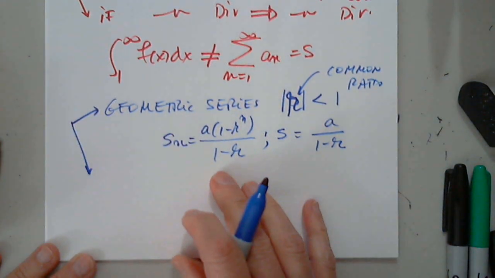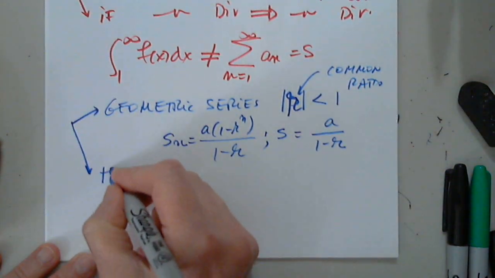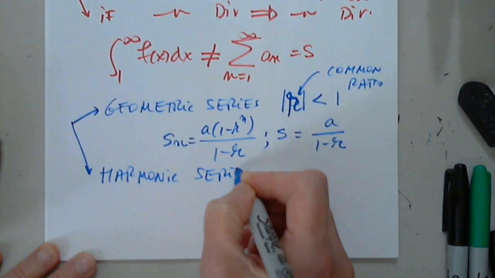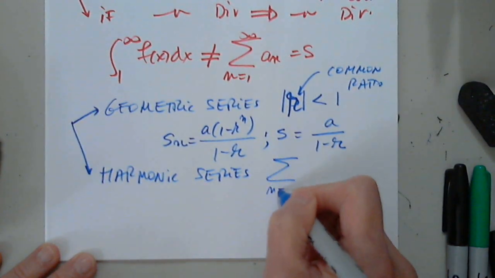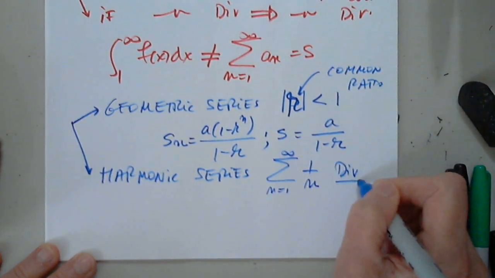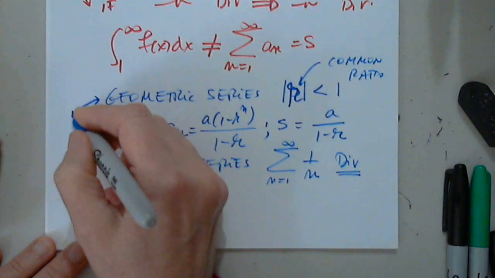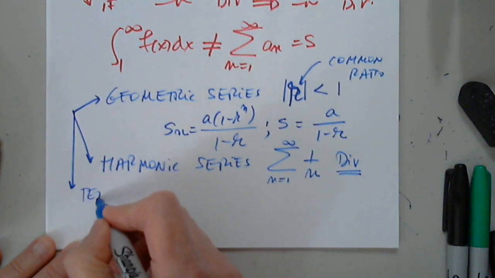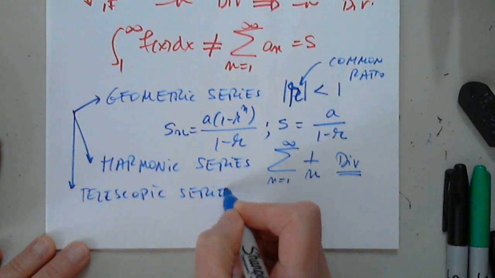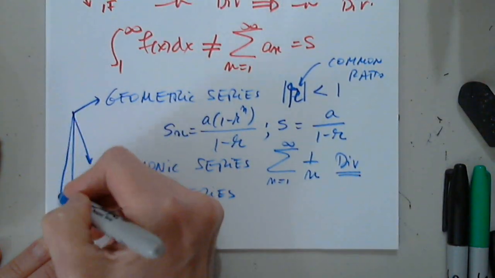A second one that we discussed was harmonic. And we know that this is the sum from n equals 1 to infinity of 1 over n. So this is divergent, please remember. We also talked about telescopic series. They're multiple.